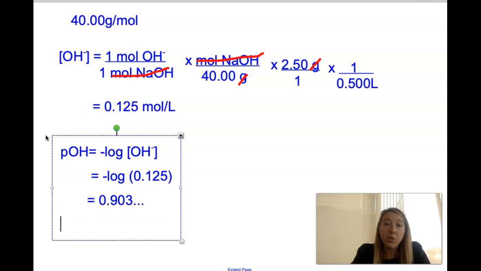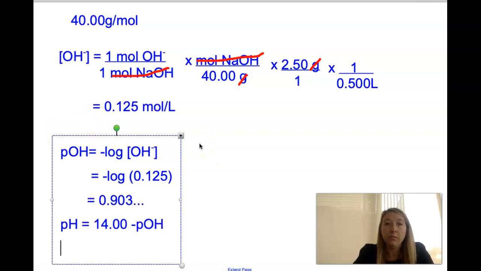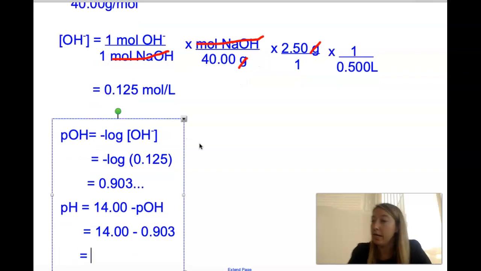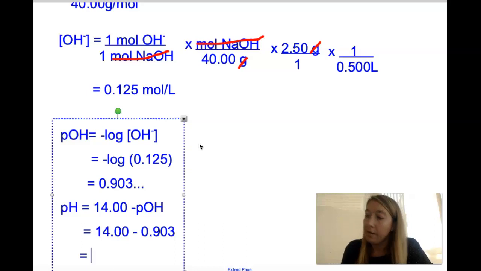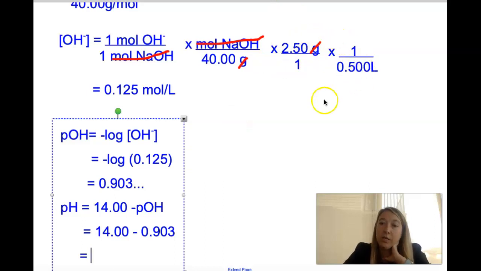Now that we have pOH, we can calculate pH, because pH is going to equal 14 minus pOH. So we're going to do 14 minus 0.903, and we can go ahead and get that answer. Okay, significant digits, what do we have? 3 significant digits and 3 significant digits, so we're allowed to have 3 numbers after the decimal.